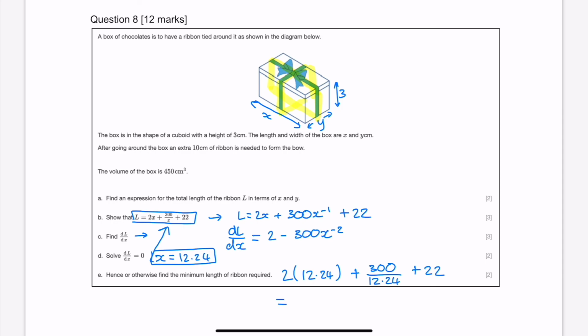And if I type that into my calculator, I find that the length of the ribbon is 70.989, or therefore 70.99 to 3 significant figures. Okay, so we can answer C, D, and E without any of A or B.